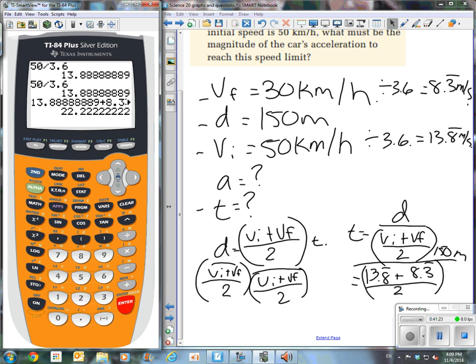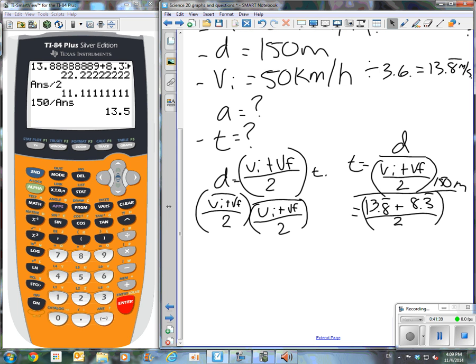I'm going to divide that number by 2 to get 11.1 repeating. Now I'm going to do 150 divided by that answer, and I get 13.5. So the time that it took him to slow down was 13.5 seconds.